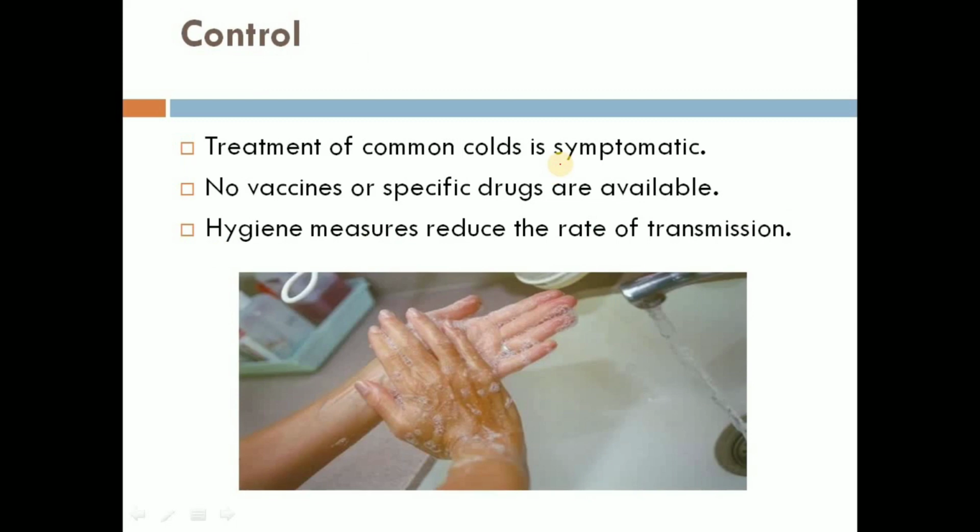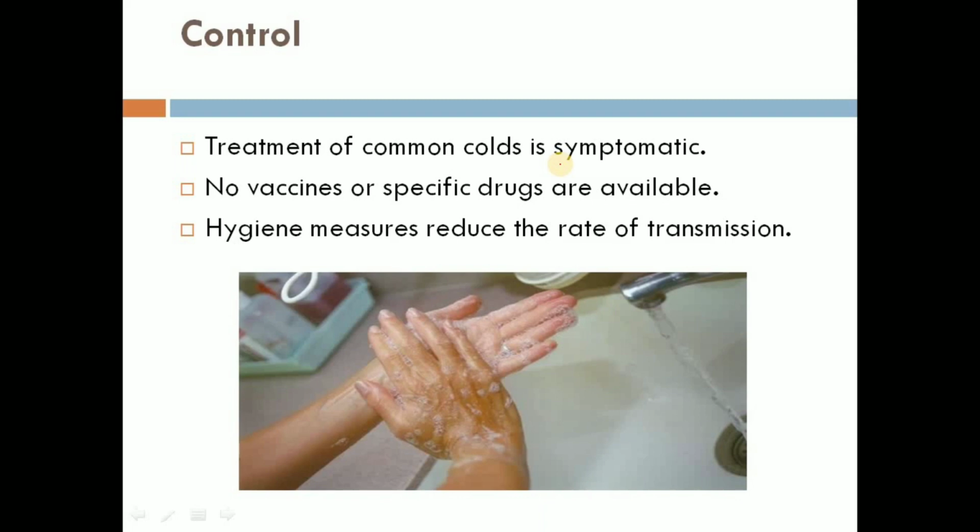So what are the control measures? How can we prevent it? As always, we are creating awareness and giving tutorials. We have to avoid crowded places, isolate ourselves, maintain hygiene and wash our hands, because treatment of the common cold is symptomatic, as of now. We can give symptomatic treatment. There are no specific vaccines available till now.